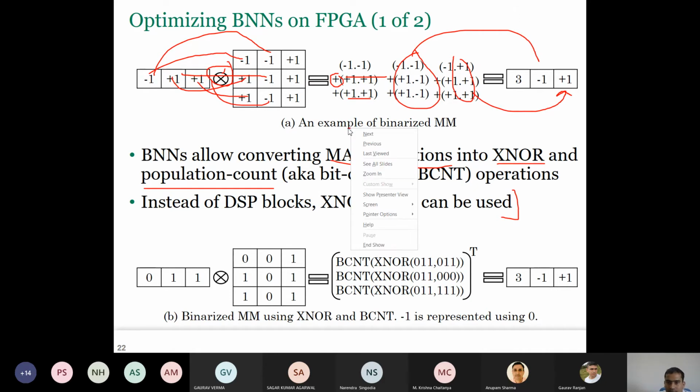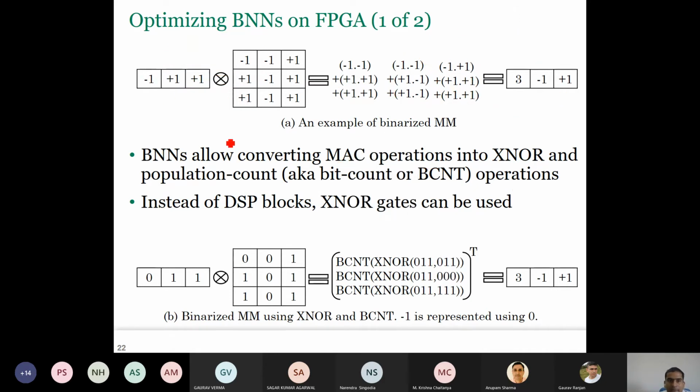We represented -1 with 0 and +1 with 1. This correspondence you have to remember. This 0 doesn't mean the actual weight is 0, it just means the weight is -1. So now we first do the XNOR operation. Everybody knows what XNOR is, right? Gaurav, you know, right?